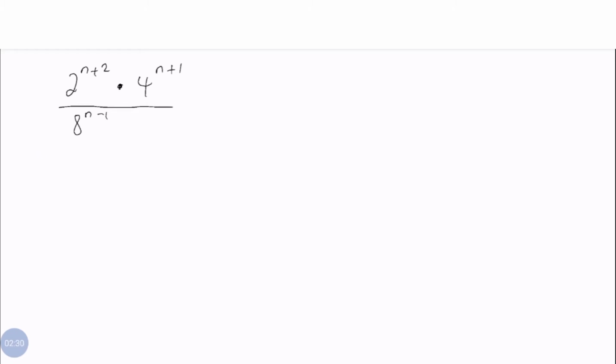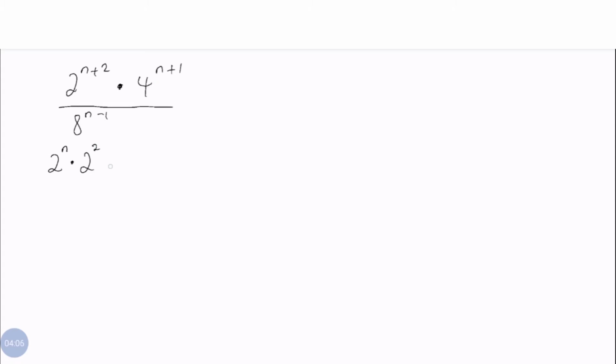Now let us expand this with 2 to the power n plus 1. So when we have a plus here, it means we have 2 multiplied by 2 to the power 2. So we have 2 to the power n multiplied by 2 to the power 2, because when they have the same base, we add the indices. So that is why 2 to the power n plus 2 is the same as 2 to the power n multiplied by 2 to the power 2.